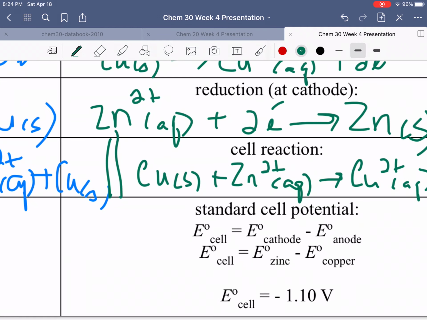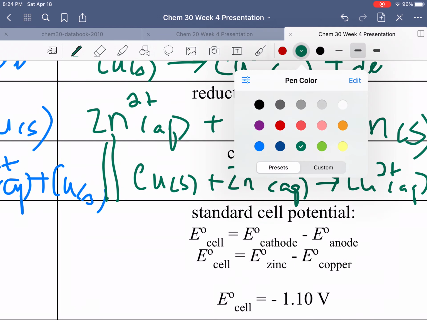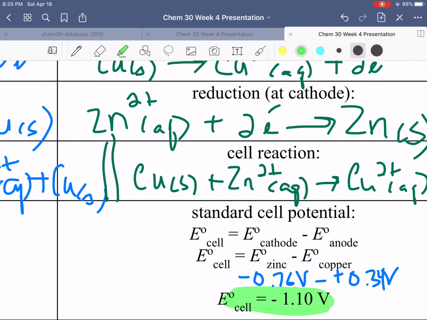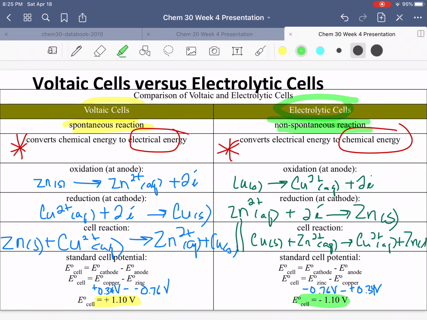And even if you go into the actual standard cell potential, look how this one goes. We have cathode and anode reversed. The zinc is now the cathode, so it's negative 0.76 volts minus the copper anode, positive 0.34 volts, which means suddenly the net cell potential is negative.